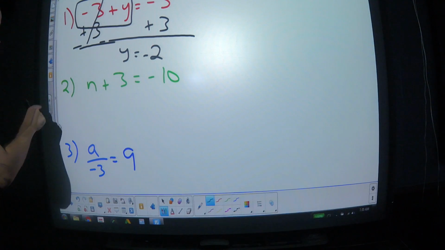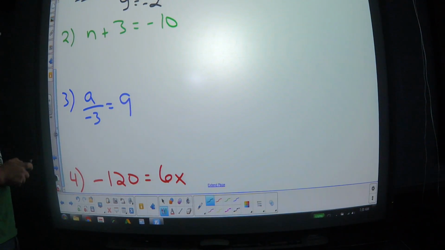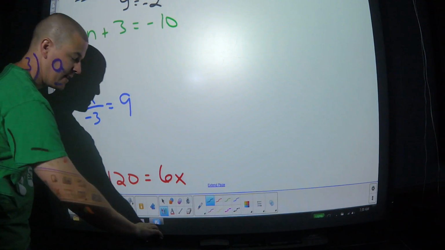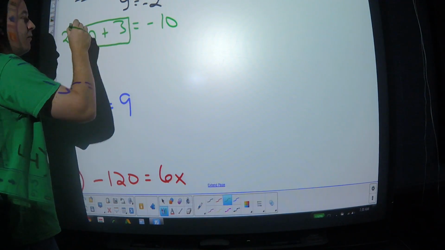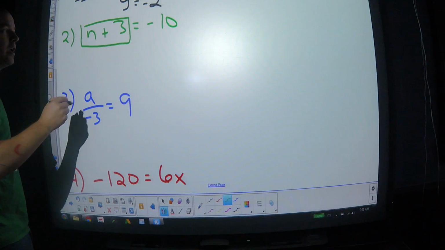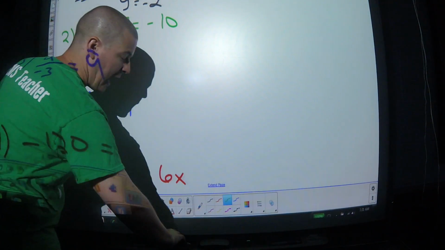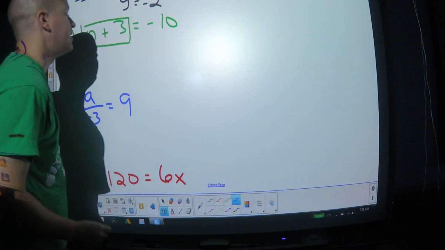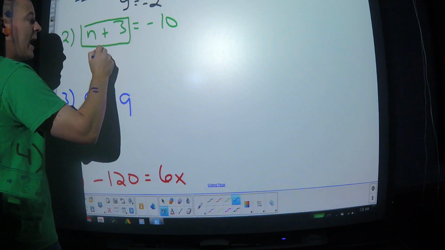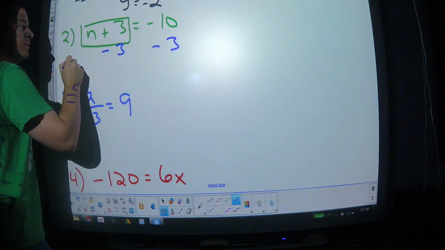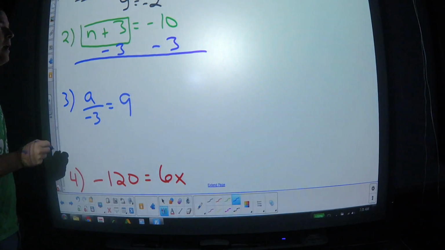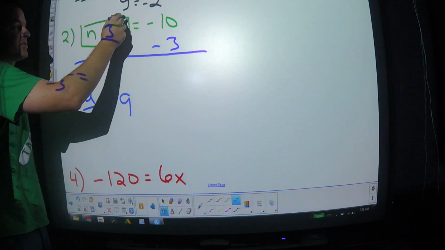Okay? Looking at number 2, same thing. Identify the side with the variable. You are then going to add or subtract by the opposite. So we're going to subtract 3 from both sides. And so this cancels out.